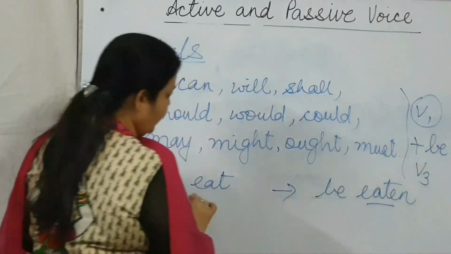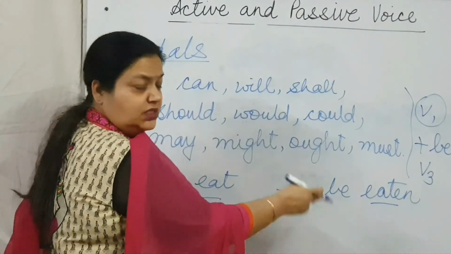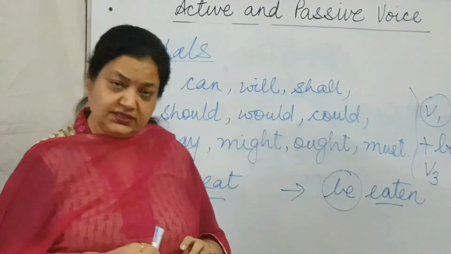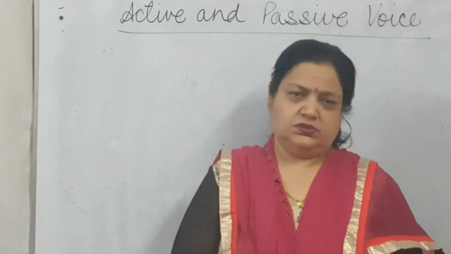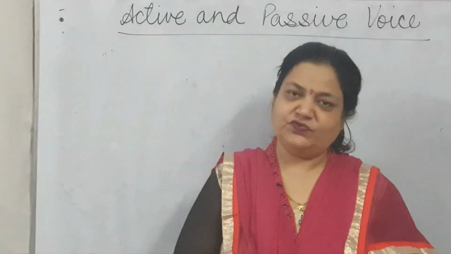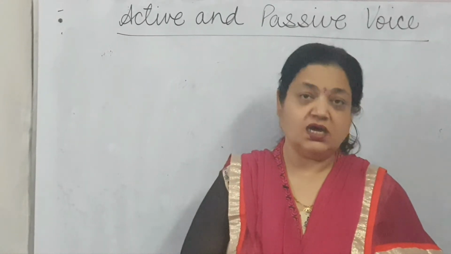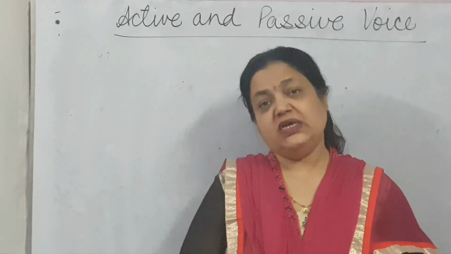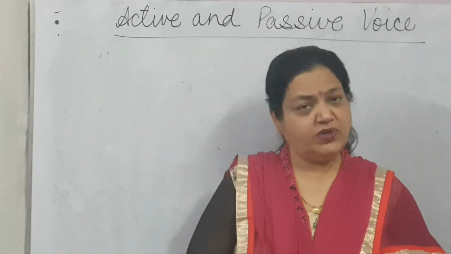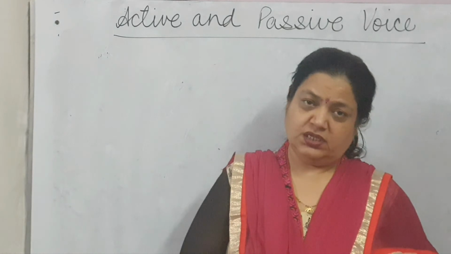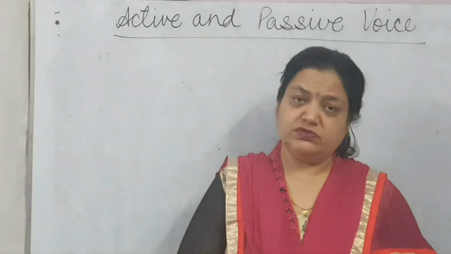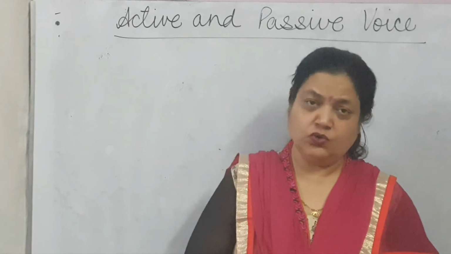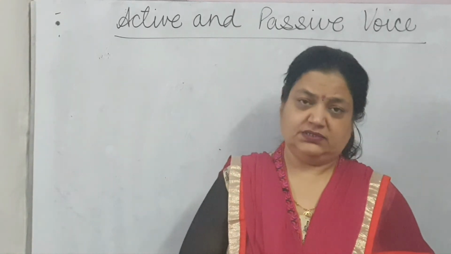The first form changes to the third form and be is added with this. So students, these are a few things we have to keep in mind when we change our verb into passive form. When we are doing process writing or a procedure, how to change a verb from active to passive voice, I hope that I have made it quite clear.